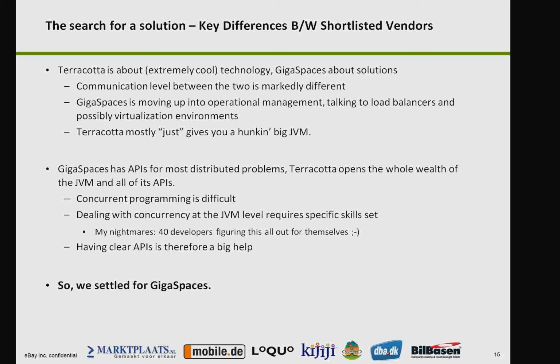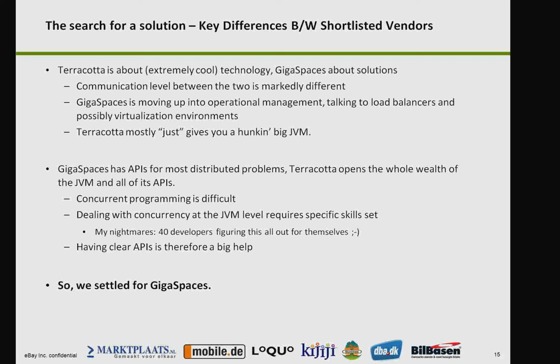The interesting thing when people from these vendors started to talk is that Terracotta is talking a lot about technology, and GigaSpaces is talking a lot about solutions. There's a huge difference in the communication level there, where GigaSpaces is almost talking directly to our site operations people instead of developers.